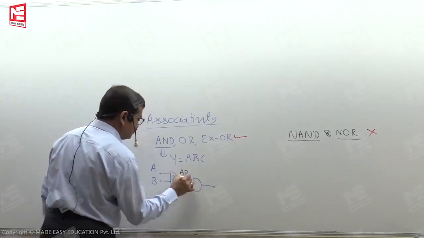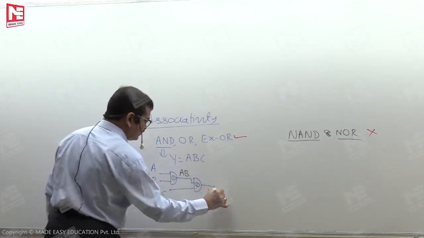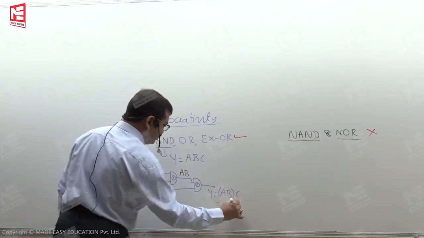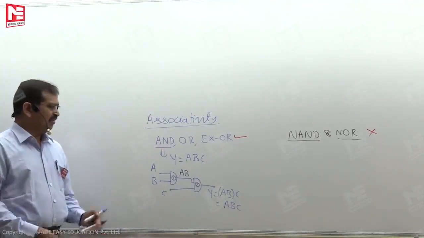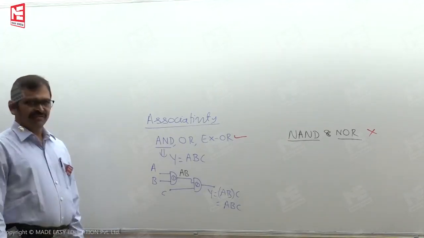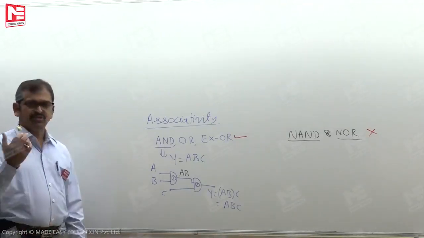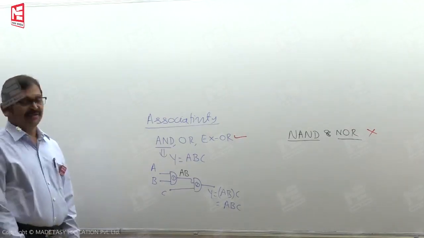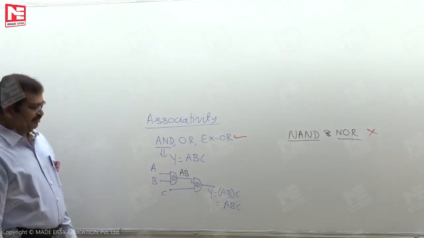The gate 1 output is one of the inputs of gate 2, and gate 2's second input is C. If you verify the truth table, the result will be ABC. Hence, associativity is valid on AND. The same verification you can do on OR. On XOR also, I have given a circuit. If you check like this with the cascade connections and the truth table, you will have the same truth table, the same results, so we have the validity of associativity on AND, OR, and exclusive OR operation.